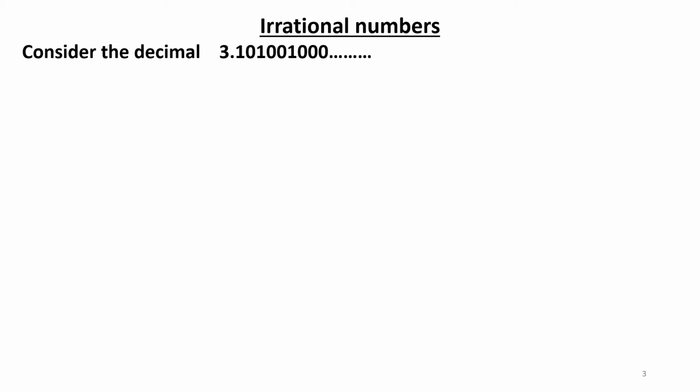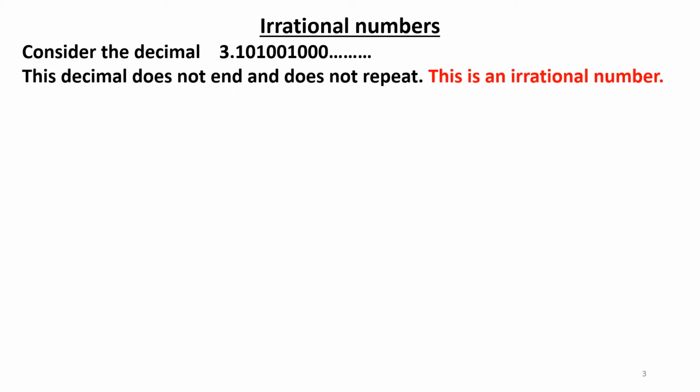It is going on, but the digits are not repeating exactly. So this is the irrational number. Here the definition is that decimal does not end and does not repeat. That is called an irrational number. This number cannot be put in the form p by q.